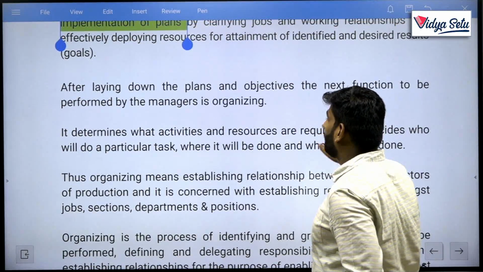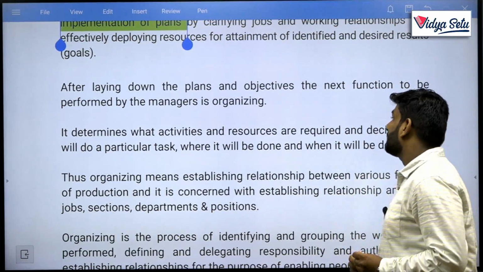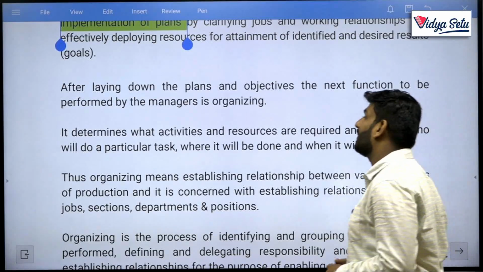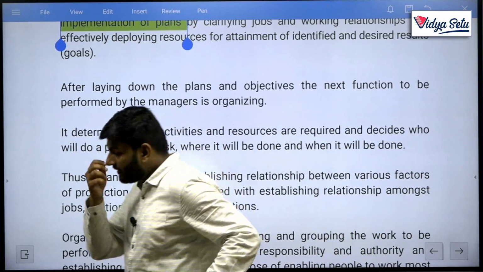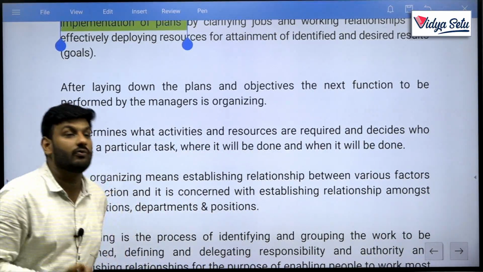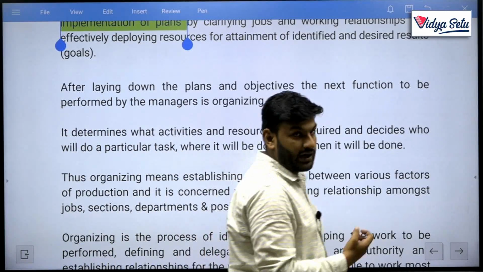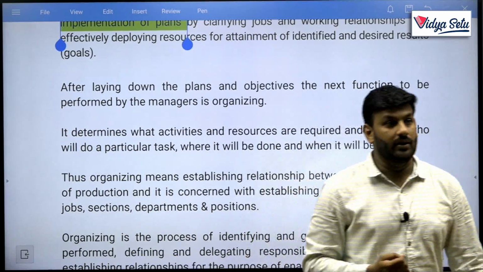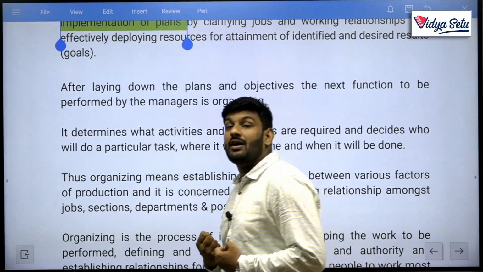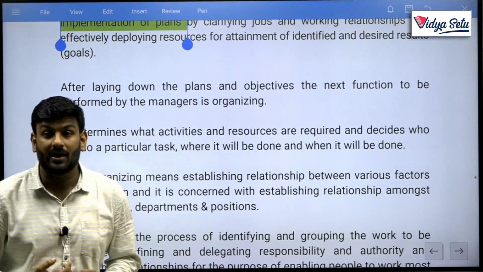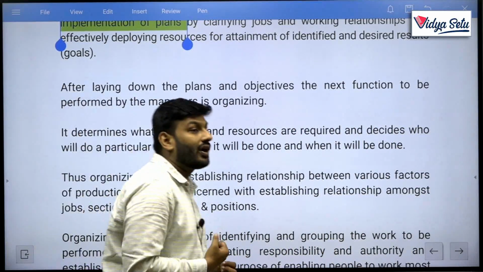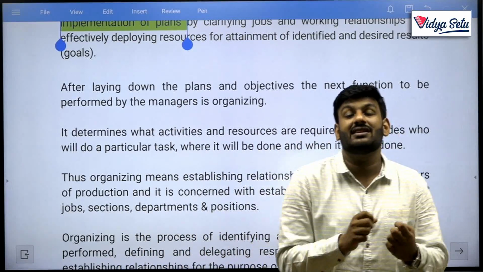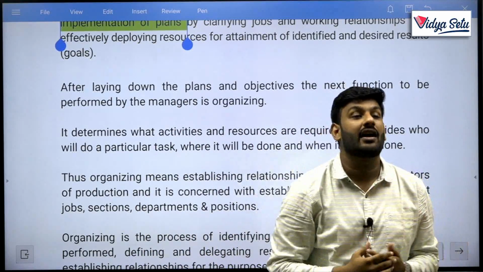After laying down the plans and objectives, the next function to be performed by the managers is organizing. Whenever we do the planning, now it's time to organize our plan, to implement our plan. If managers want to implement their plan, then my dear friends, they need to organize such resources in an effective and efficient manner.